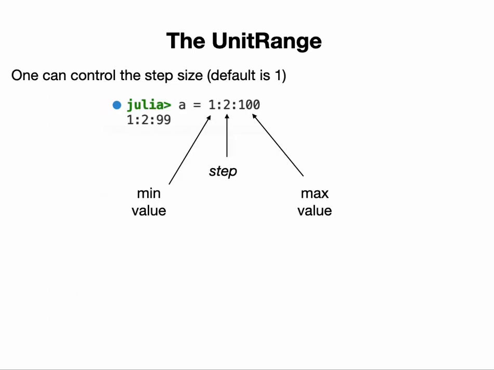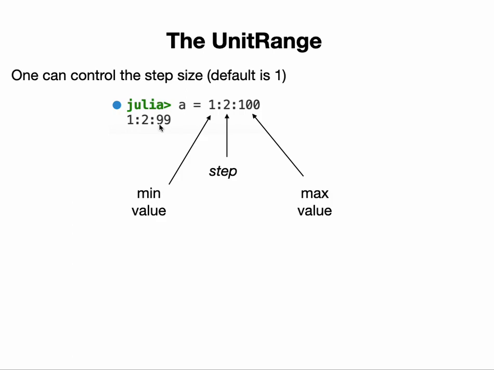But you can also control the step size. The default is set to 1, but you can also introduce another integer number in the middle, which is the step. So if you make 1:2:100, then the range will go from 1 to, at best, 100 with a step of 2. But here's the result.